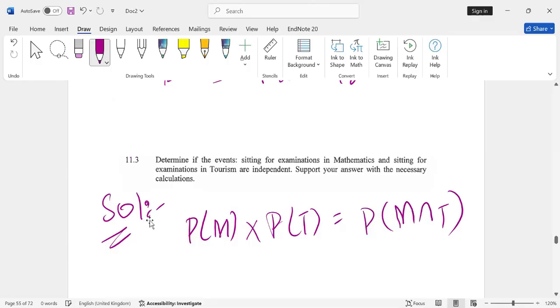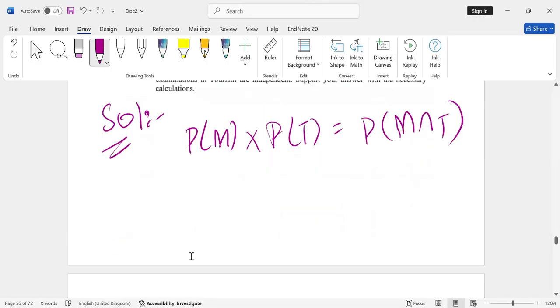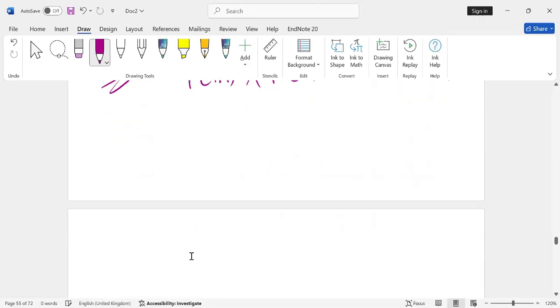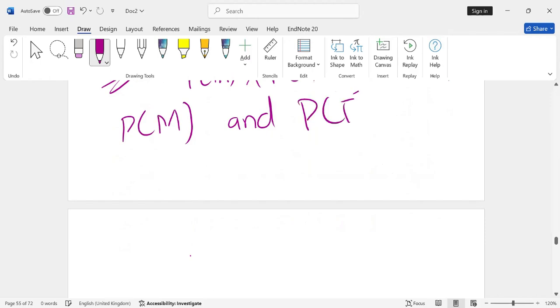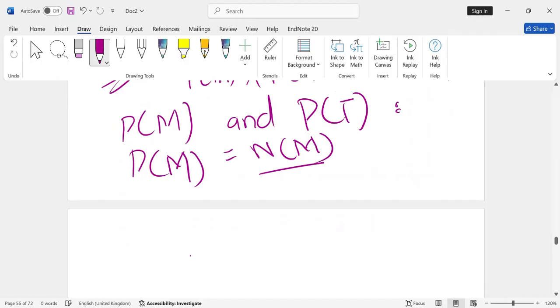First probability is P of M and P of T. So we have P of M that is equals to n of M by total. We have 22 by 40 that is equals to 0.55.